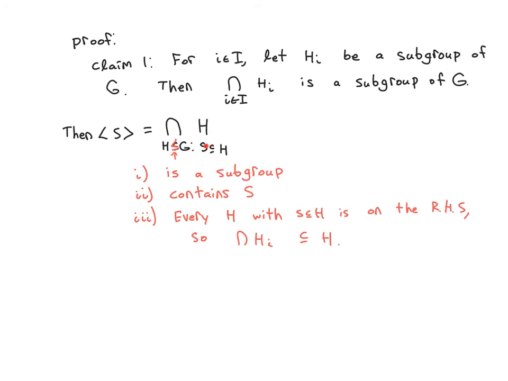And by this fact here, it does contain the subset S. This intersection is also non-trivial because the set G is one of the factors in this intersection. So there is actually something on the right-hand side to intersect. And since every single last one of these subgroups contains the subset S, the subset S is in this intersection. And so this intersection is non-empty, and it contains the subset S.